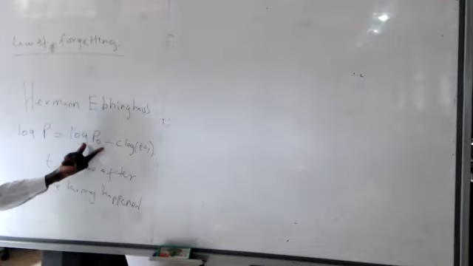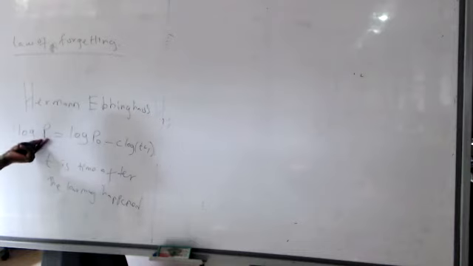And P naught is the amount of information that you knew at the time you were learning. Then P is the amount of information someone has retained after some time.